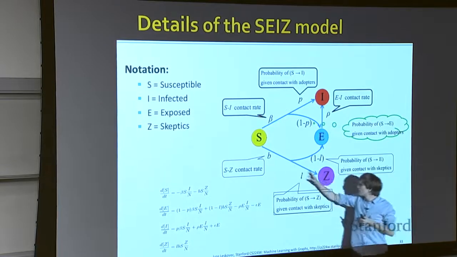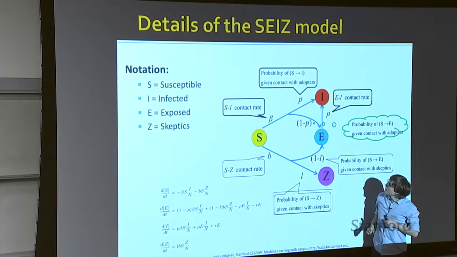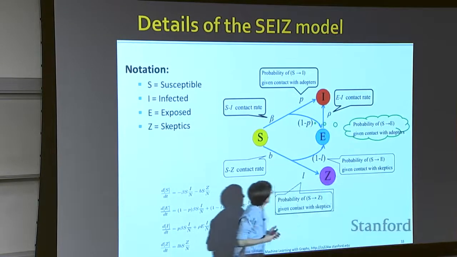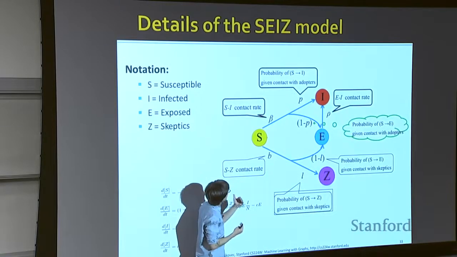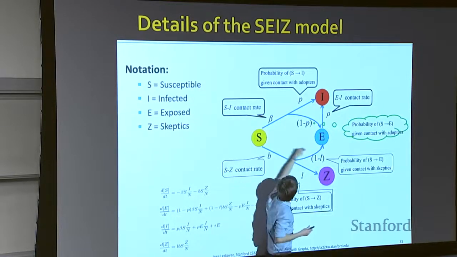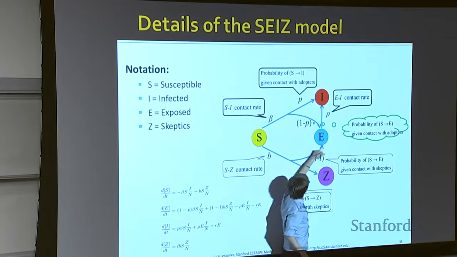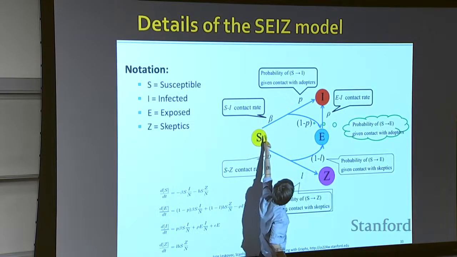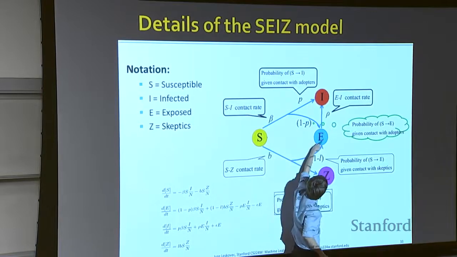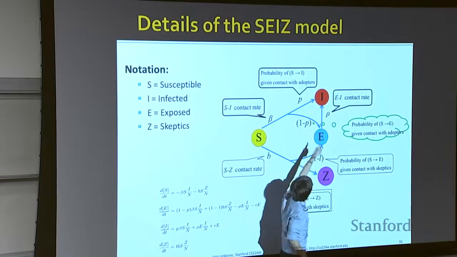They were exposed, but they don't contribute. Notice here that we decided to parameterize this flow into E two ways. One is kind of going towards skeptic, but become exposed, and the other one is going towards infected, but be exposed and then become infected later.